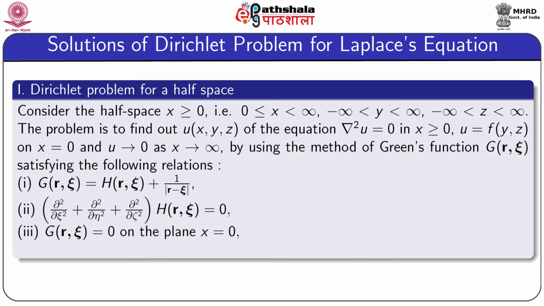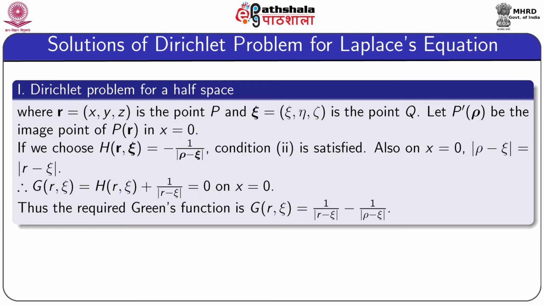That means Laplacian squared H equals 0 for this particular choice of capital H. Therefore, we can take the expression for Green's function for this particular problem as capital G equals 1 by mod r minus xi minus 1 by mod rho minus xi. Now, we have obtained the expression for Green's function.